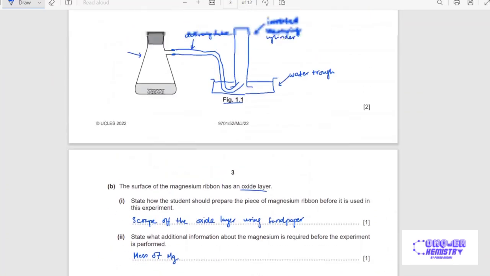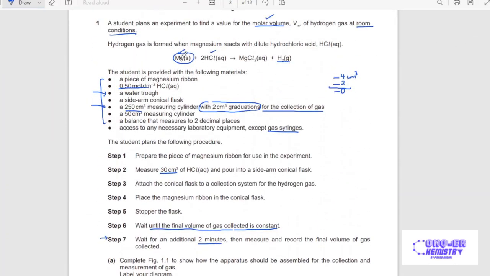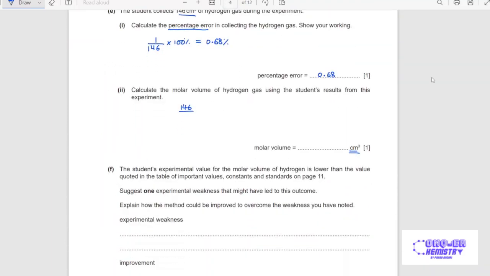So if I look back at the equation, the ratio between magnesium and hydrogen over here is 1:1. And so what I will do here is I will use the moles of magnesium, which is the same as the moles of hydrogen gas. All right. So we use the volume divided by the moles, and that gives us Vm, the molar volume. And this turns out to be about 22,174. All right, this is rounding it up to the nearest cubic centimeter. Okay? Right.